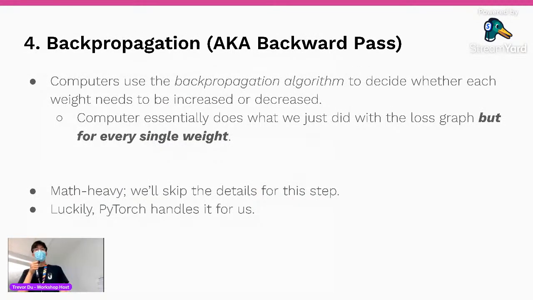There we go. Computers do this computationally, so they decide whether each weight needs to be increased or decreased using the backpropagation algorithm. It essentially just does what we just did, except for every single weight. It's a bit math heavy, so we'll skip the details for this step, but luckily for us, PyTorch handles it all for us, so we don't actually have to know the math.